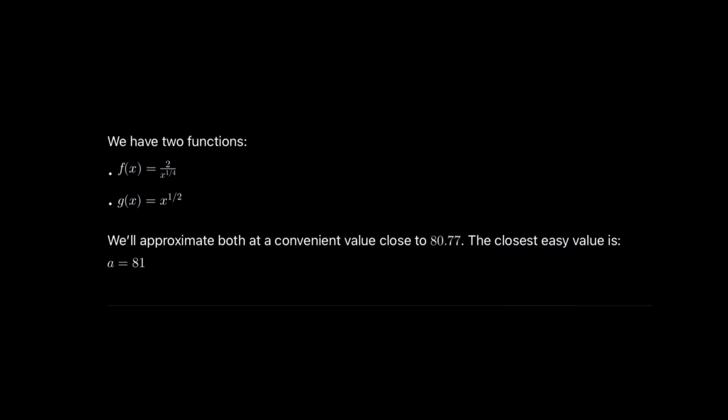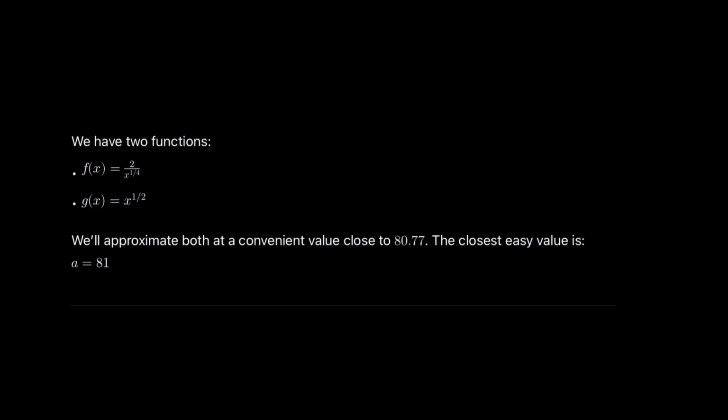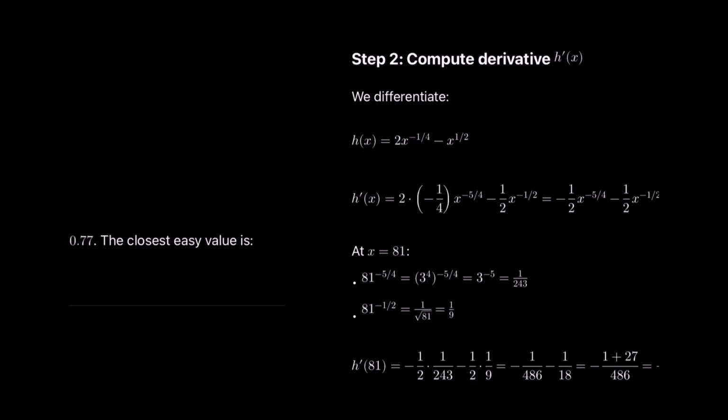We have two functions: the first is 2 times x to the power of 1 over 4, and g(x) is x to the power of 1 over 2. We approximate both at a convenient value close to 80.77. The closest easy value is a equal to 81.